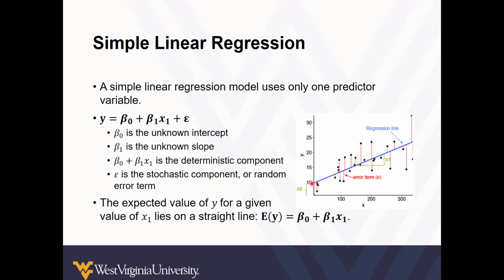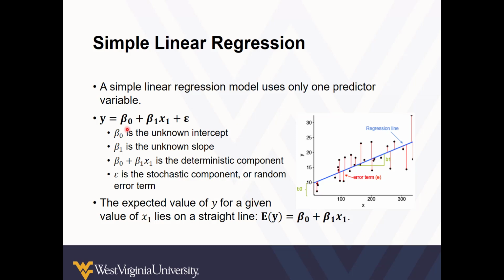And we can even see here we have our intercept. So when x is equal to 0, our regression line crosses the y-axis here at about 10. So that's going to be our beta naught or b naught, which is our predicted value. And then the blue line is our regression line, and that is the line that is expressed by this equation.